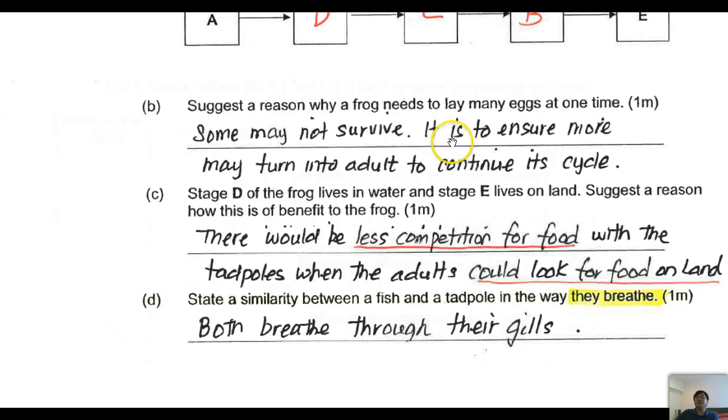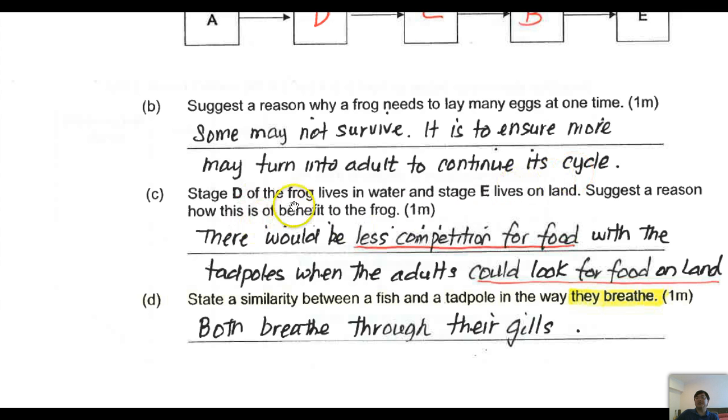It is also general to have many, so that some may not survive but many more could survive, right? It is just to ensure more may turn into adults and continue the life cycle. Not necessarily into tadpoles, because tadpoles can also be eaten by other bigger animals in the water.